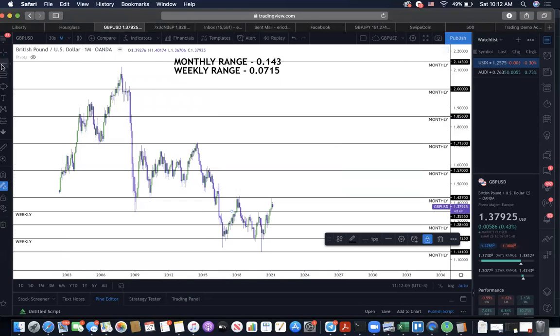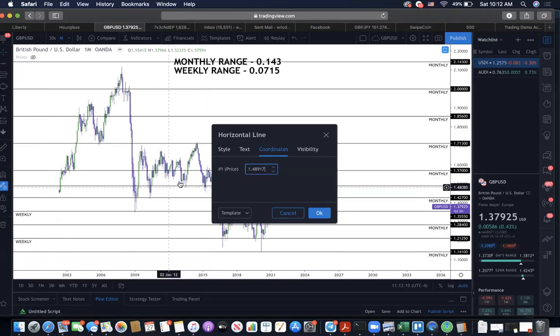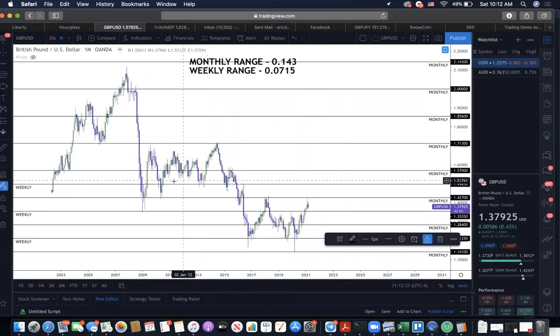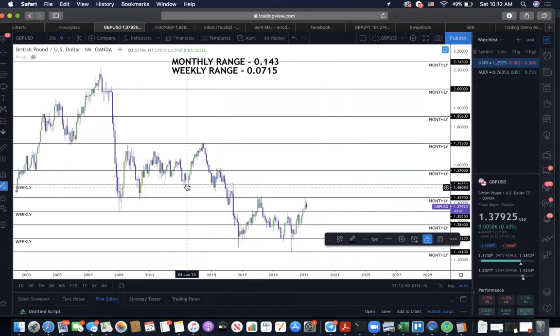Next area. And notice how this weekly level, look at the price action.